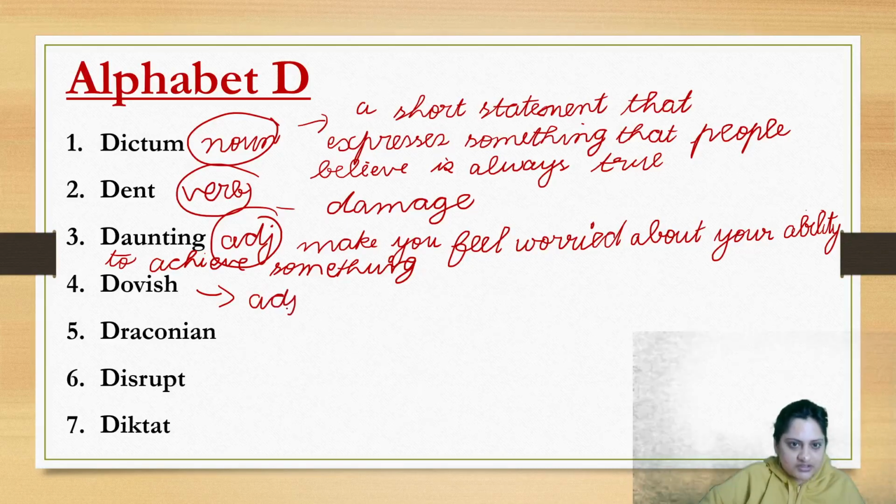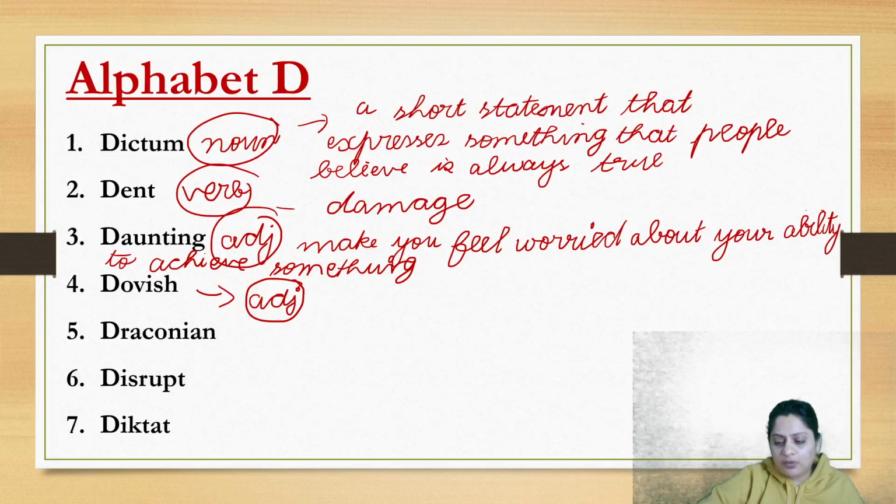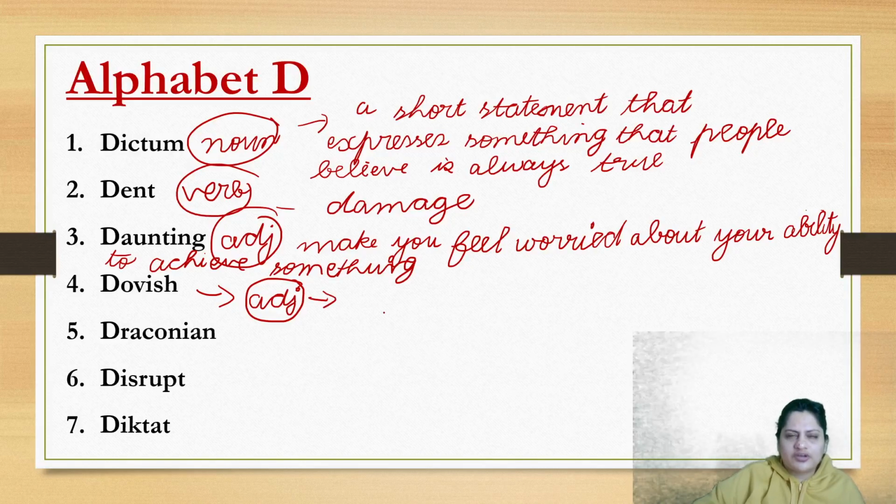Dovish is an adjective. Now if you see RBI policies, dovish, for example, whenever RBI releases monetary policy, we read these terms in the newspaper articles also. Dovish, or you can say peaceful policy, is dovish.